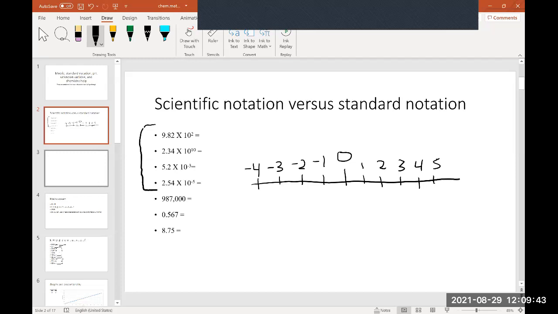So I want you to remember that. If positive, go to the right. If negative, go to the left.